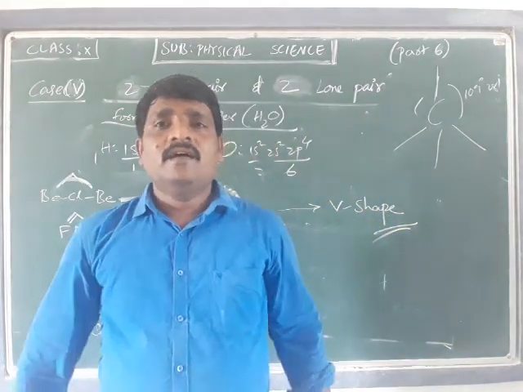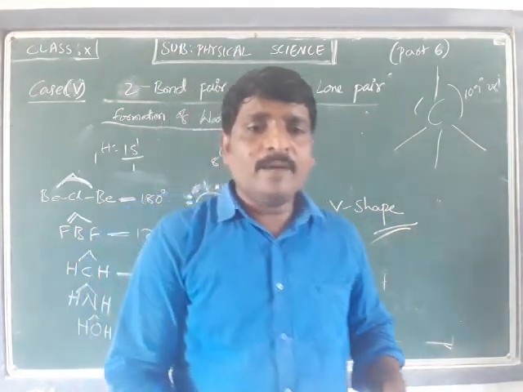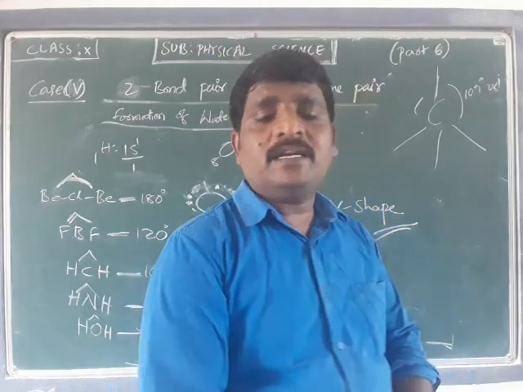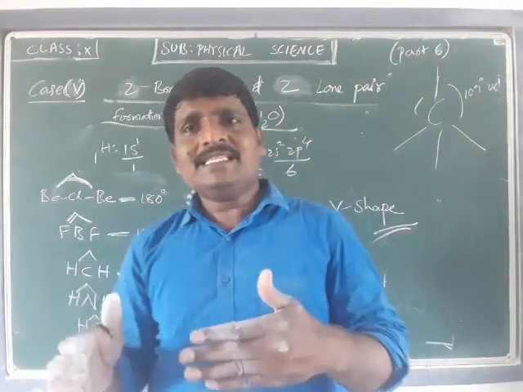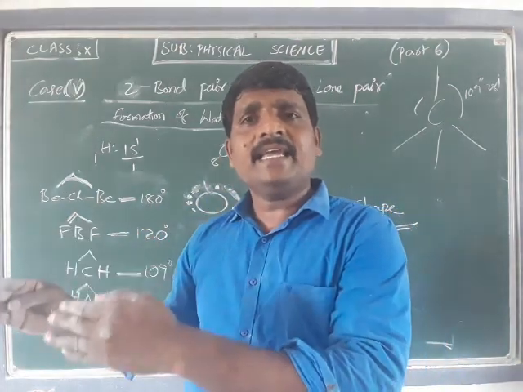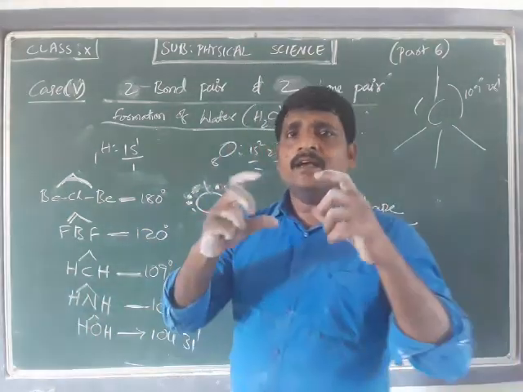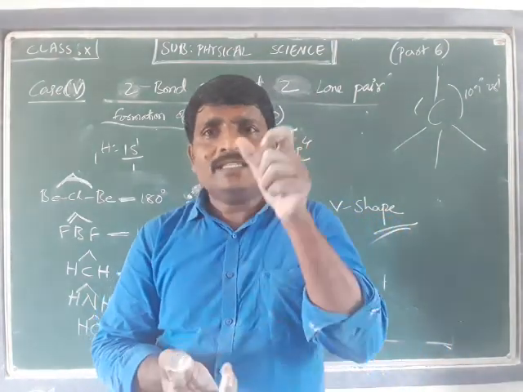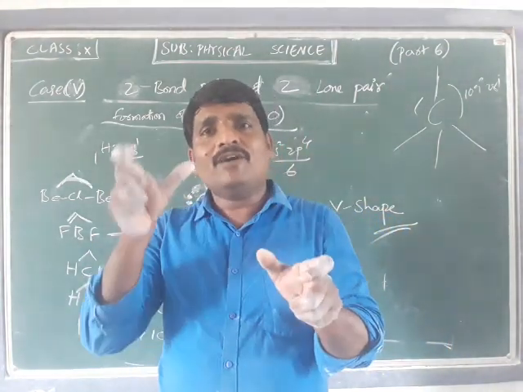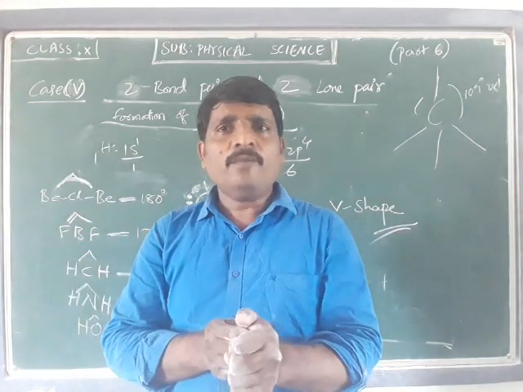So this is the bond formation according to the VSEPR theory, valence shell electron pair repulsion theory. Of course, this theory takes the help of covalent bonds and sharing of electrons, but the main concept is to explain the shape of the molecule and the bond angle of the formed molecule.